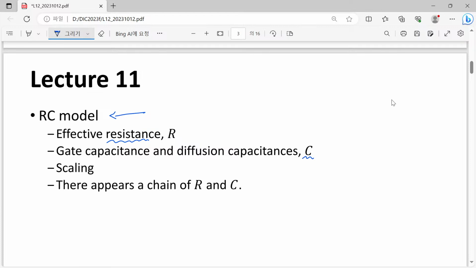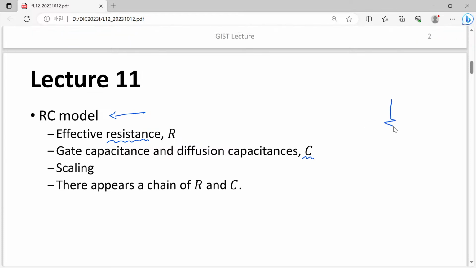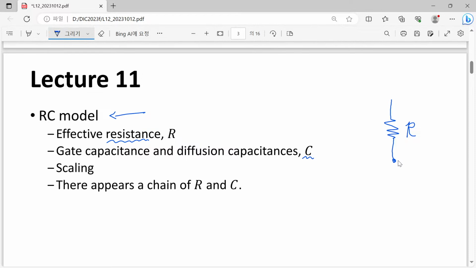So if we have a certain transistor, then we introduce a resistor and a capacitor, and finally we also introduce another capacitor. Here we have gate capacitance, and these are related with diffusion.